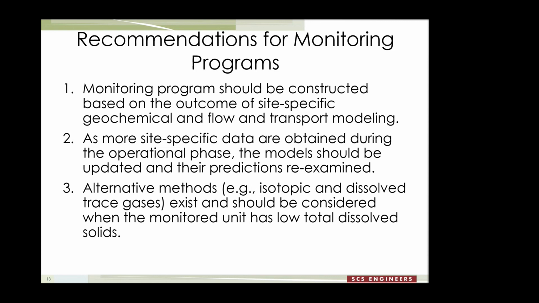Another thing to consider is alternative methods, and that includes the analysis of isotopes and dissolved trace gases. Those can be considered, especially when the monitored unit is low in total dissolved solids or salinity. It is important to consider these additional methods that will be sensitive enough to pick up whether a potential geochemical issue is actually related to CO2 leakage or if it's just natural variability in your monitored unit.